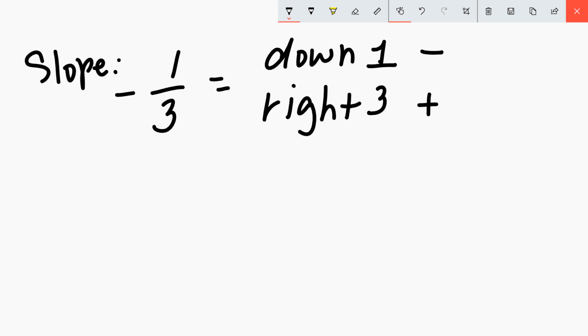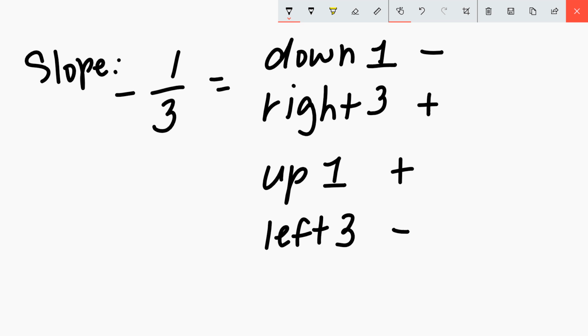So I need one and then the other. It works if I wanted to go up 1 and then left 3. Now I have a positive and then I have a negative direction. So that's what would make it look like a negative sloped line.